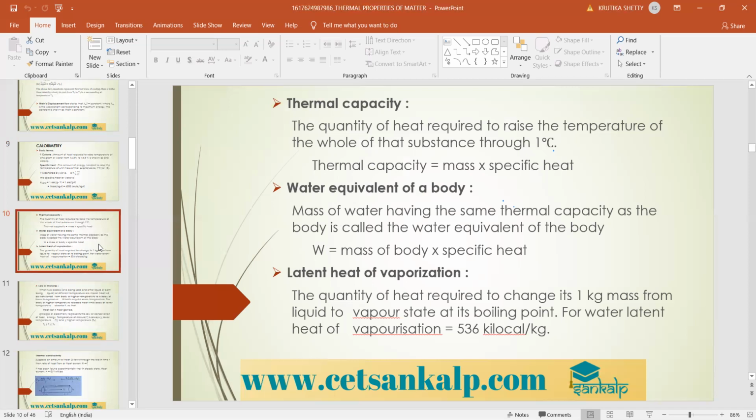The next concept is latent heat. In latent heat, we define latent heat of vaporization and latent heat of fusion. Latent heat is also called hidden heat. Suppose you have a beaker containing ice cubes and you keep a thermometer in it, it will show some temperature.